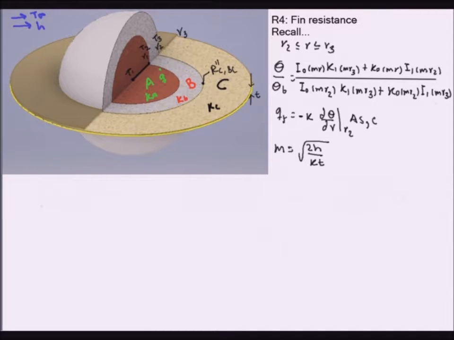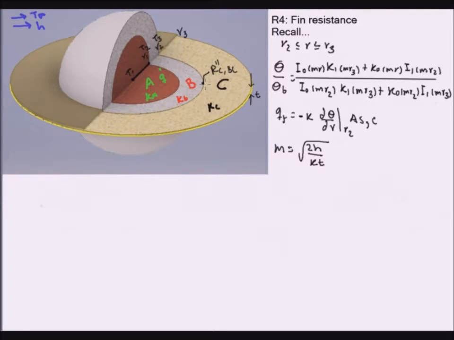So as you may recall from our first video, we developed an expression for the excess temperature profile when the fin tip was adiabatic and when the base temperature was known. So the base temperature in this case is not quite T3.